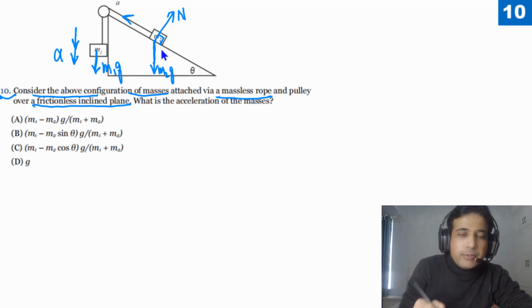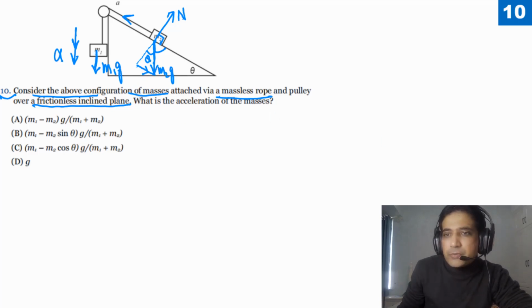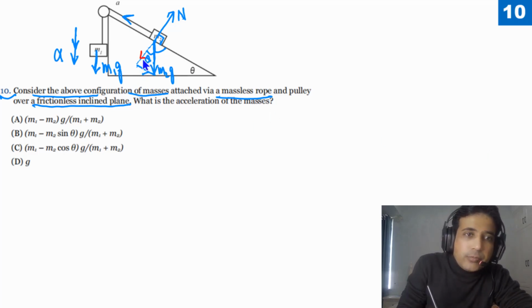So it means we can resolve this weight into two components, and then we can try to find the value of the force acting down the plane. In this case, this angle is theta. This angle will be 90 minus theta because this is just a triangle, and so this angle also will be theta. Now we can resolve this weight into two components. One component is against the normal reaction force; this force is balanced by this component.